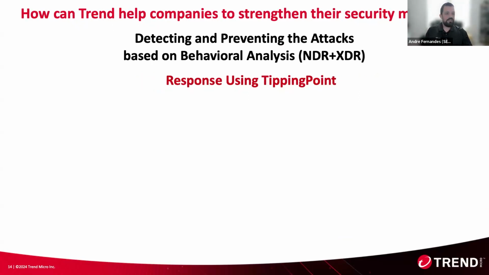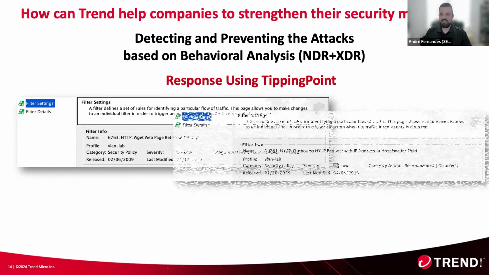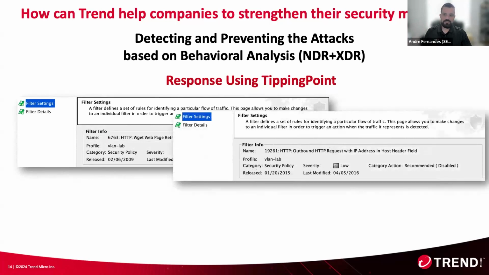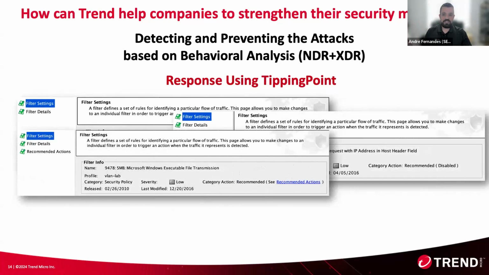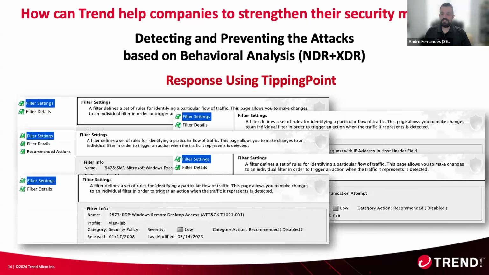Again, since I saw that we have some customers that are using TippingPoint here, and I know that some of them also have Palo Altos in place inside their infrastructure, TippingPoint also has some filters other than the vulnerability exploitation filter that detects the exploit itself. We have some other filters like the ones you can see here: the ability to detect wget retrieval, connections to HTTP using just an IP address instead of a DNS name, SMB file transmission, SMB protocol attempts, the same with RDP.